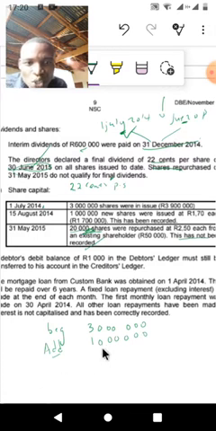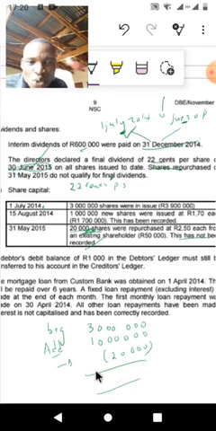So they do not qualify. We take them out. We are going to subtract 20,000. If the shares that we bought back do not qualify for final dividend, take them out when you are calculating final dividend. So actually we are going to say 3 million plus 1 million minus 20,000.